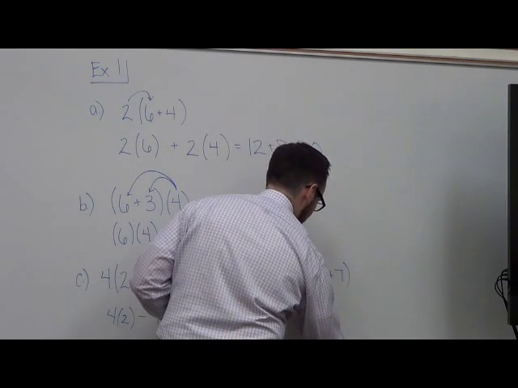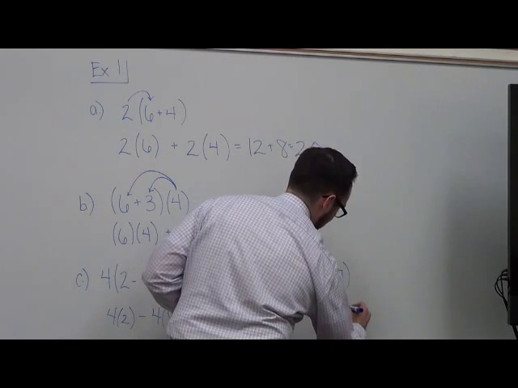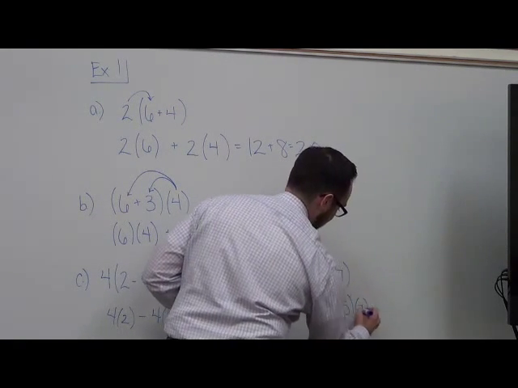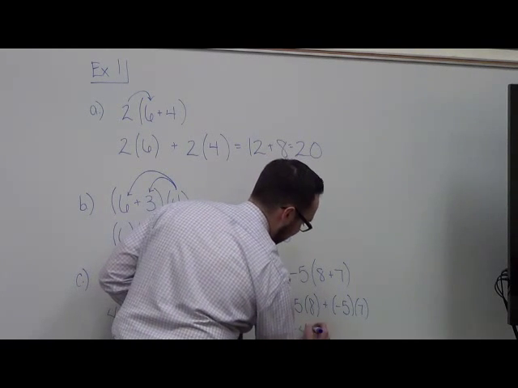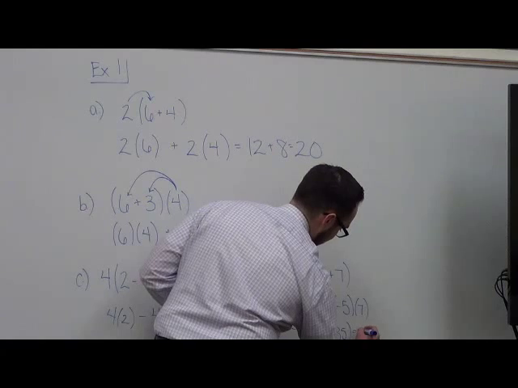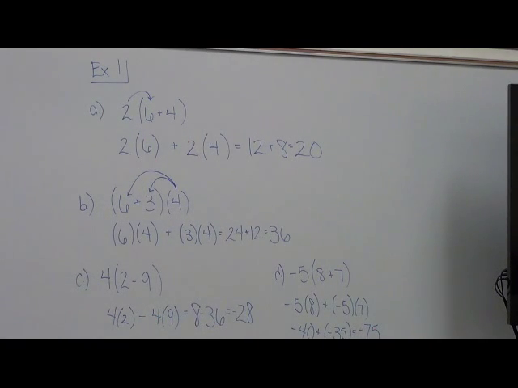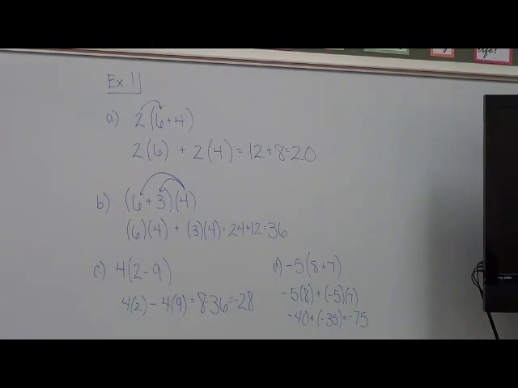So you have negative 5 times 8 plus a negative 5 times 7. So it's negative 40 plus a negative 35, which gives us a negative 75. So now that may be a little hard for you to see down there. Give me a second to zoom out the camera if I need to. Just a little bit, so you can see that bottom row.